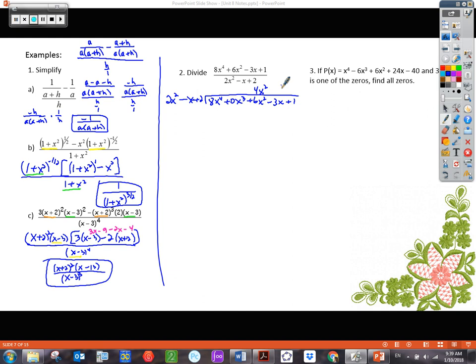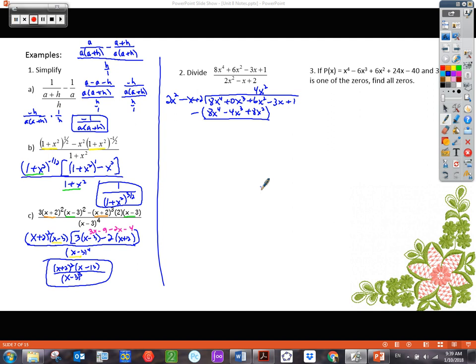So now let's multiply back out. 4x squared times 2x squared is 8x to the 4th. 4x squared times a negative x is negative 4x cubed. 4x squared times 2 is 8x squared. I always draw a line and parentheses and put a subtraction there because for the life of me, if I don't do that, I will forget to subtract.